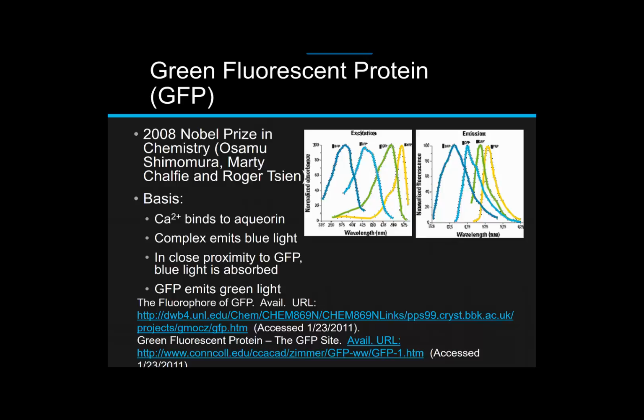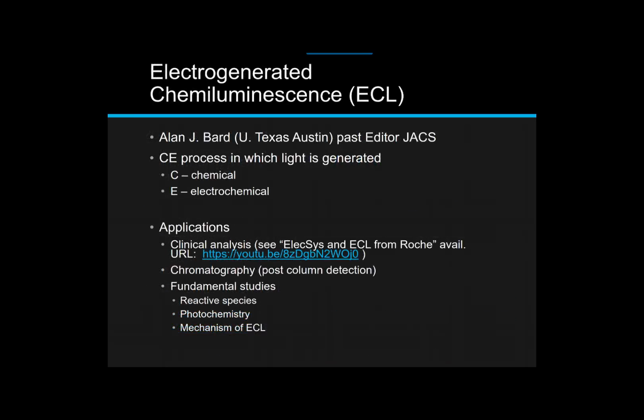I'd be remiss if I didn't mention that the 2008 Nobel Prize in Chemistry was awarded to Osamu Shimomura, Marty Chalfie, and Roger Tsien for their discovery and development of all of the wonderful science that is the basis of green fluorescent protein in bioanalysis. And I provided for you a couple really nice references that you can check out at the bottom of the slide. I highly recommend the GFP site.